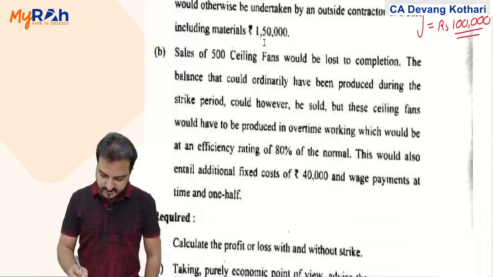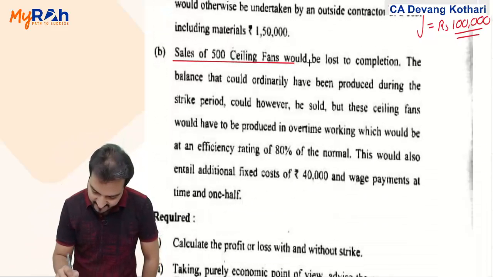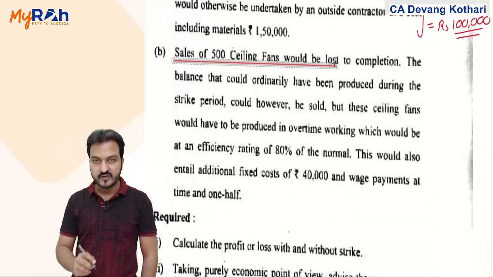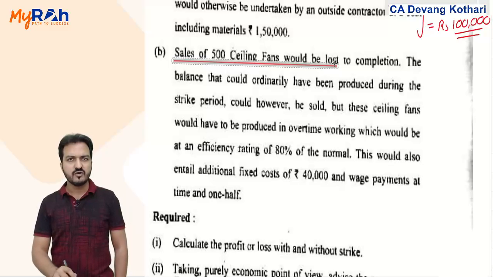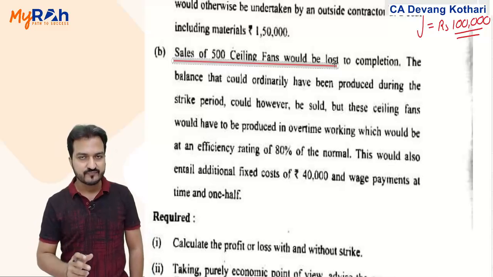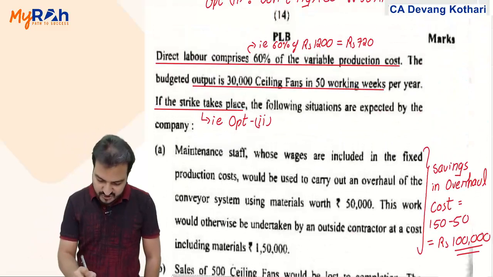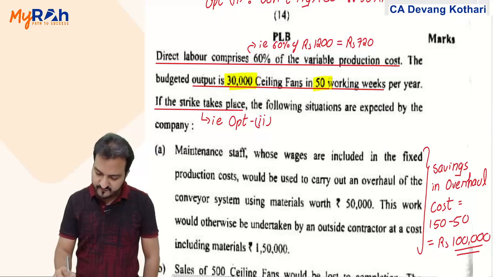Further, again in option 2, sale of 500 ceiling fans would be lost to competition. Now look, how many weeks did the strike last? The strike happened for 4 weeks. My annual production is 30,000 in 50 weeks.